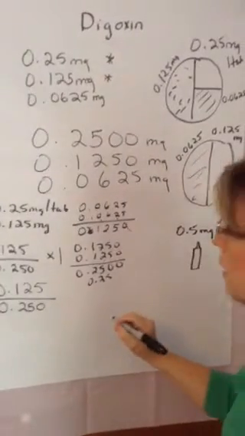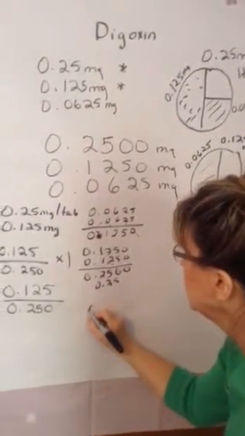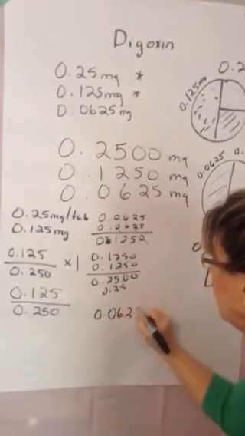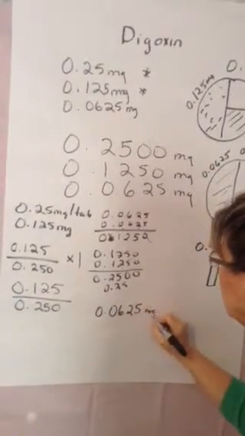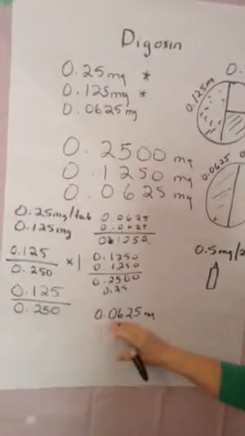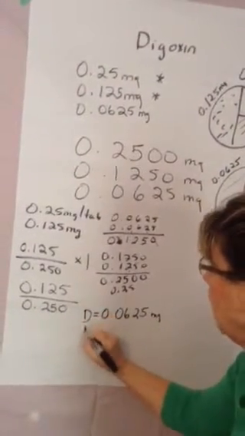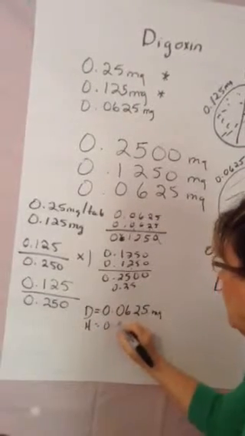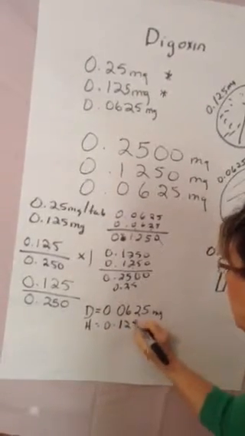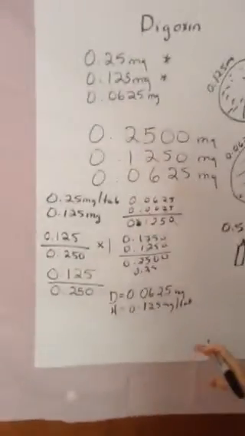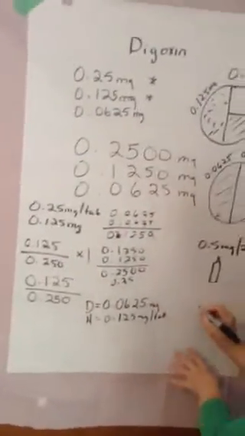The other digoxin order might be 0.0625. They're only needing a little bit. So that's what the doctor has ordered. On hand, we have 0.125 milligrams per tab. So, we do our formula.